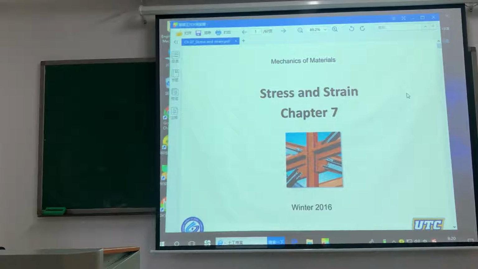In mechanics of materials, we can find the distribution of the stress in a member. After you can find it, you can determine whether the member is safe or will fracture. After you find it, we can design the size of a member.